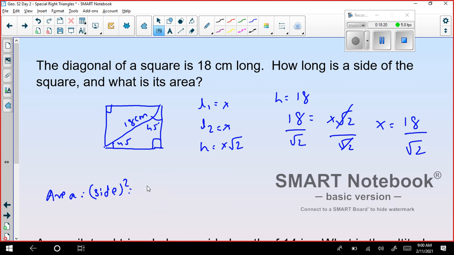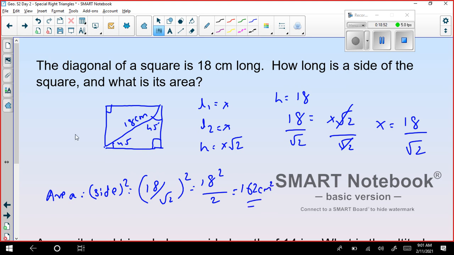So that gives us 18 over root 2 whole square, which is 18 square over 2, because root 2 whole square is 2. And 18 square is nothing but 324. 324 divided by 2 gives us 162. So area is 162 centimeter square if you simplify this in your calculator.